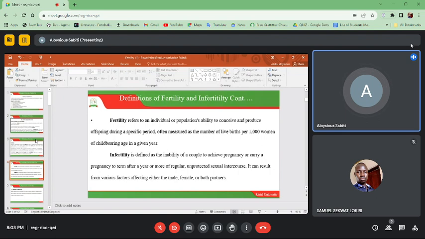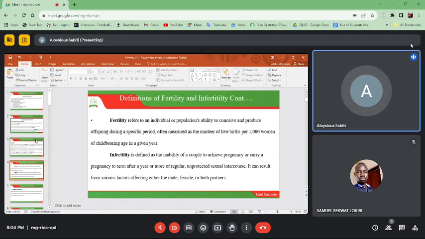So, in further definition of fertility and infertility, fertility refers to an individual or population's ability to conceive and produce offspring during a specific period, often measured as a number of live births per thousand women of childbearing age in a given year. We shall look at the different measures of fertility.